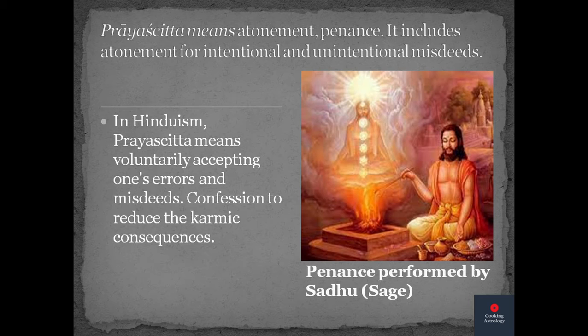In the photograph, you can see there is a sage sitting over there and he is performing penance. That is a Yagna. That is one of the forms of Prāyaścitta. By doing Yajnas, by offering something to Agni Dev, we can attain liberation, that is moksha.